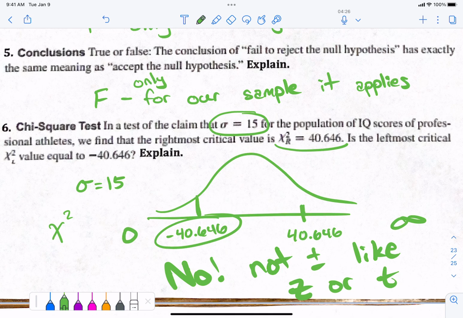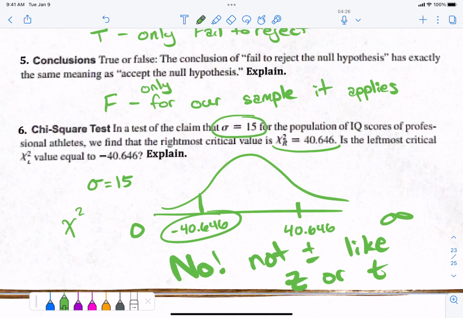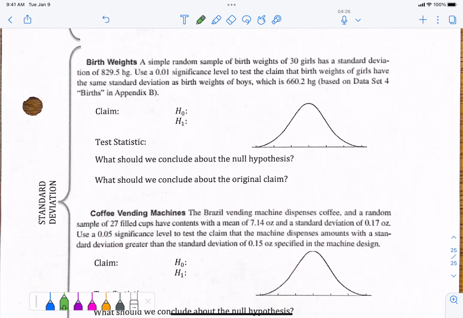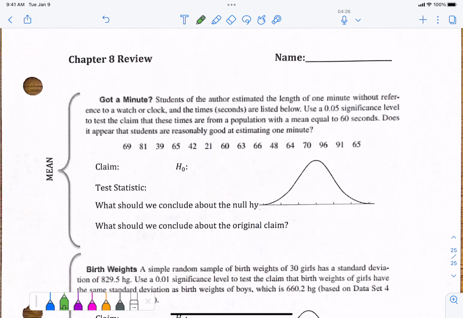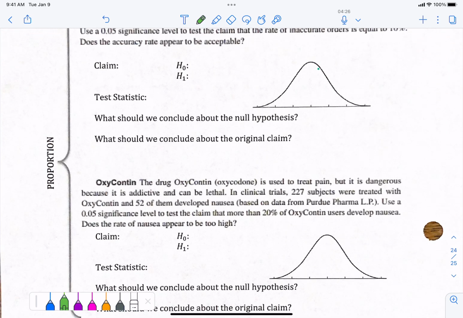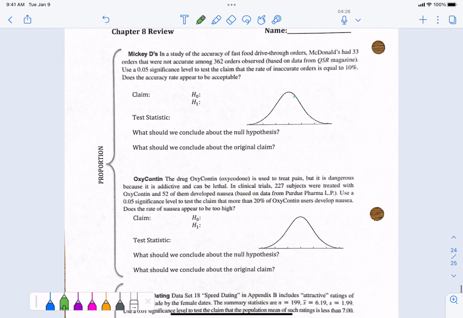Got it? You have proportion, mean, and standard deviation. There are 2 of each kind. It would not be a bad idea to do some different methods. For proportion, choose 2 of the 3. Maybe do p-value here and critical value here. I don't care which one you use.